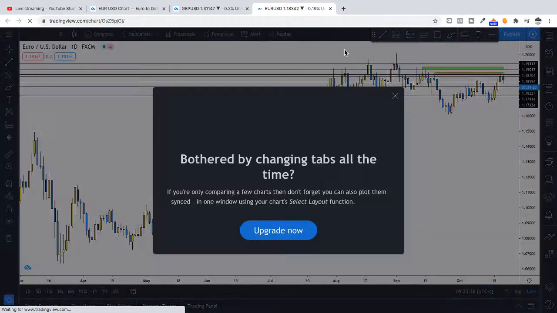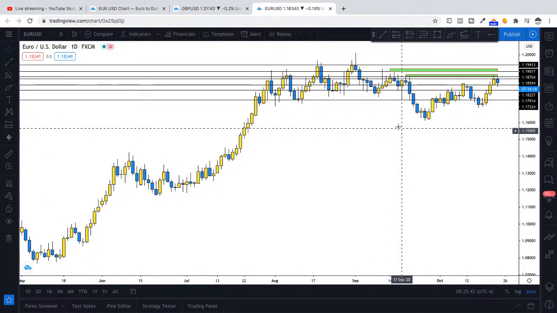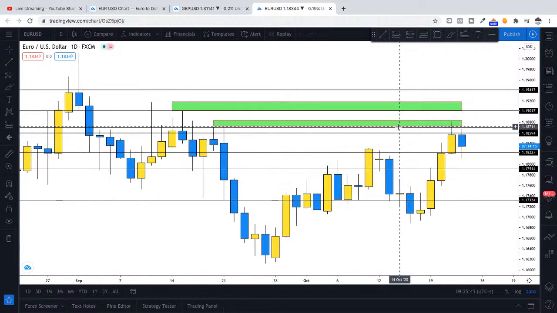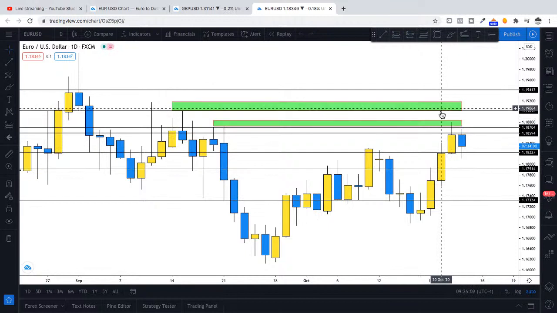Please don't have a bunch of junk on here. Okay, so this markup stayed. So take a look. These two zones I had marked up on the previous video. If you watched it, you see price comes up right into that zone and rejects. Now it's gonna make another push up. Perhaps.